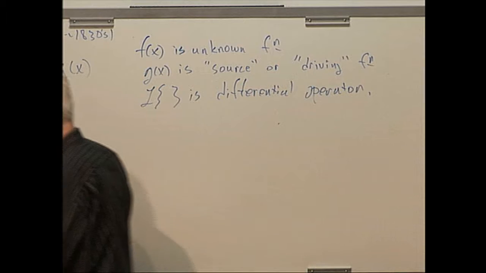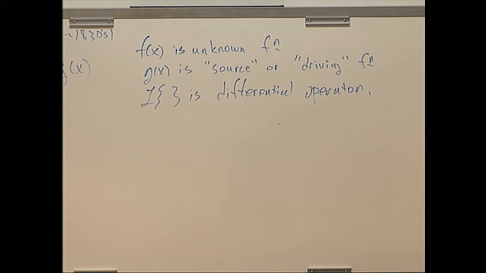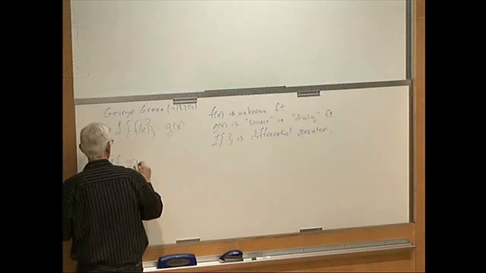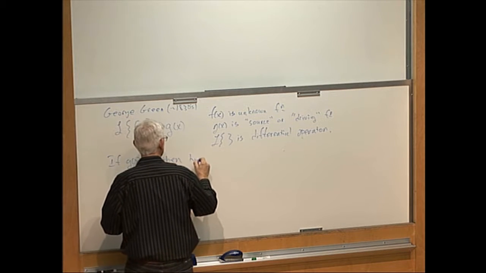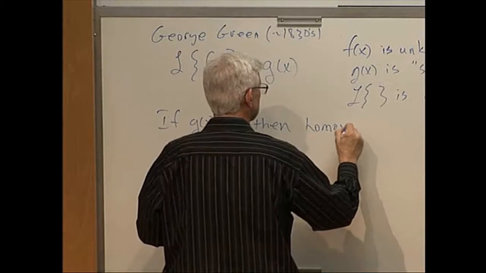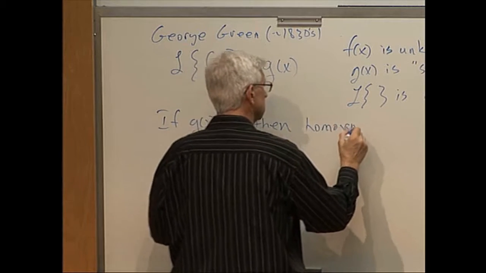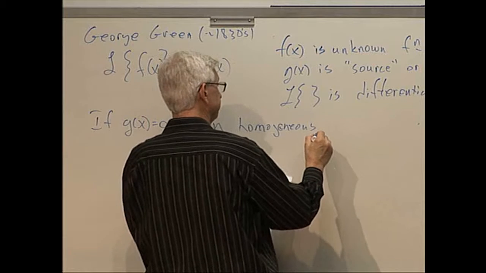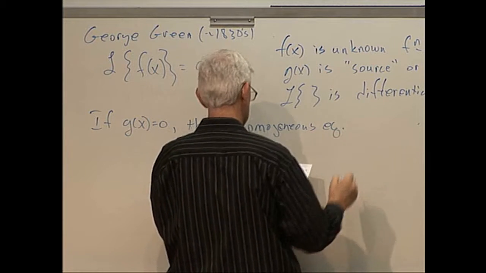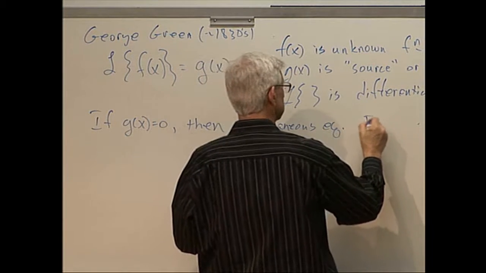Now, if g of x is equal to 0, then it's a homogeneous equation.